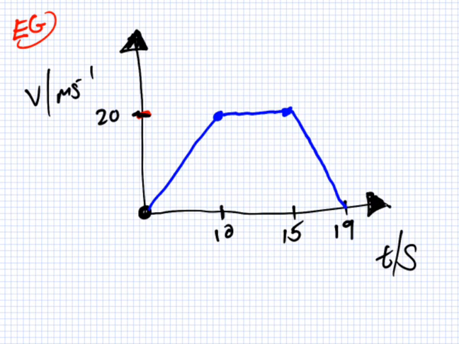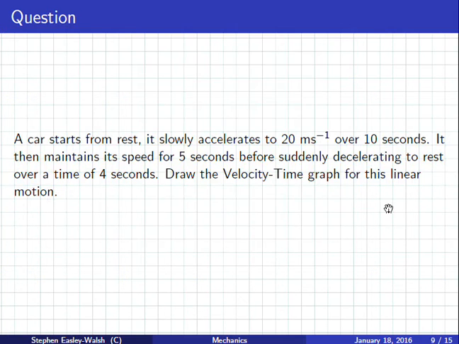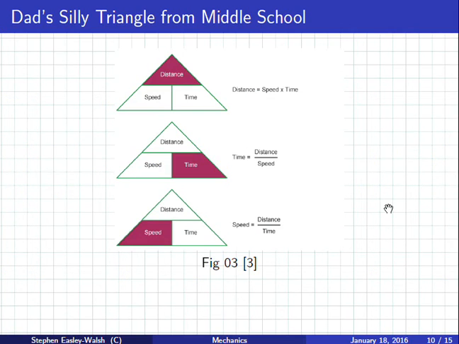Okay. So please remember that velocity can be positive or negative. So this is positive and then backwards is negative because it is a vector. But speed is only positive. Also, displacement can be positive or negative.